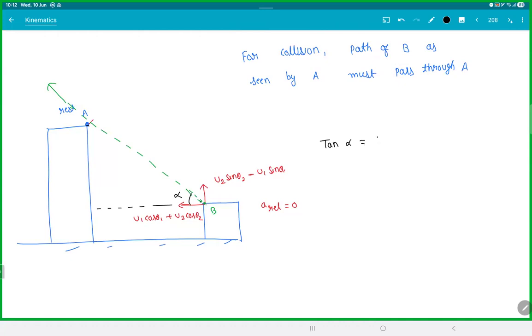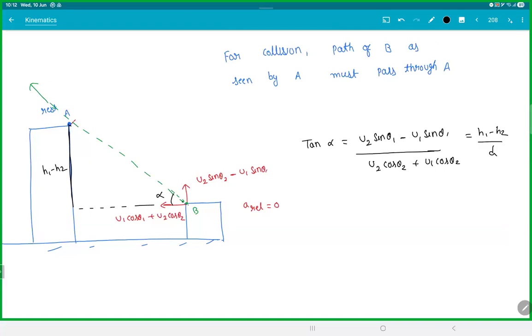So tan alpha will be u1 sine theta 1 by u2 cos theta 2 plus u1 cos theta 1, and theta becomes equal to alpha. But this is also equal to the height difference of the buildings, h1 minus h2, by d. There, that is the condition, everyone. If you satisfy this condition, they will collide.